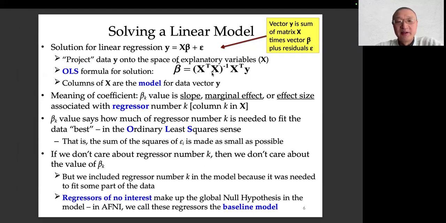Once we solve it, in the more general case the model matrix has multiple columns, not just two as in the simple model from Francis Galton's case. In fMRI, we usually have probably 10 or even more, sometimes 20 or 30-ish columns. So it's a big model matrix.